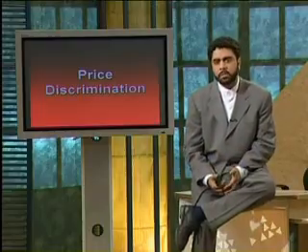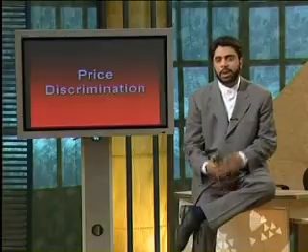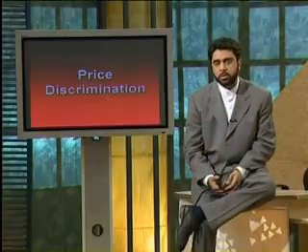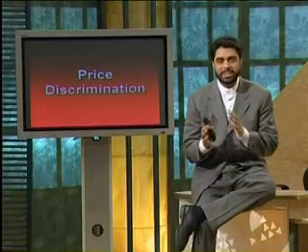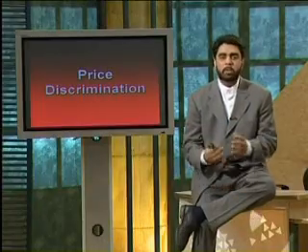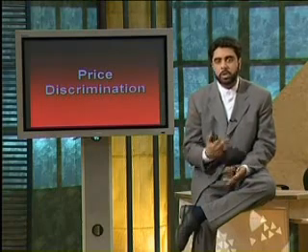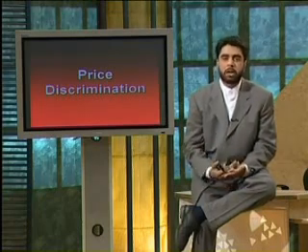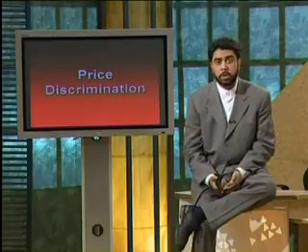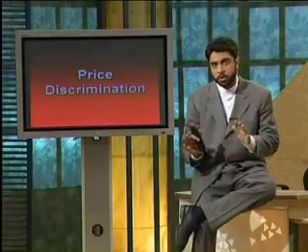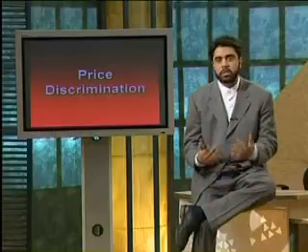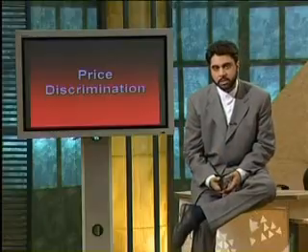Note that price discrimination can be done by any firm which does not operate in a perfectly competitive market. So the only condition here is that the market should not be perfectly competitive. It could be a monopoly, it could be an oligopoly, it could be in monopolistic competition. So it could be all of those three cases in which price discrimination can be practiced.